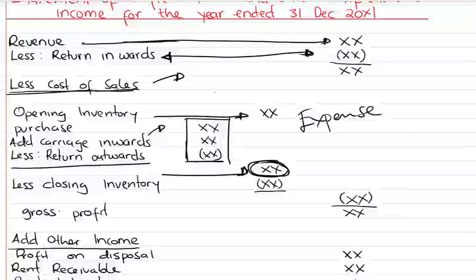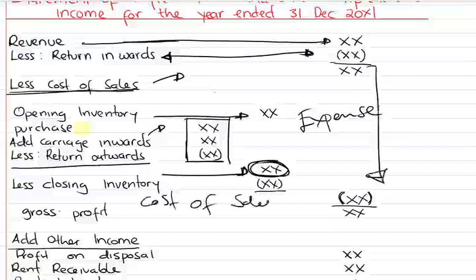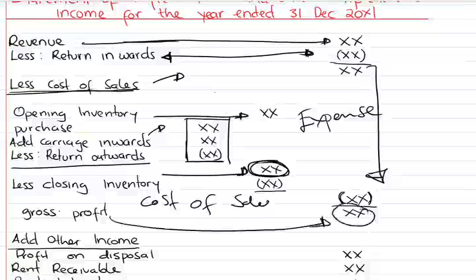Now we'll subtract closing inventory, and we're going to find the figure for cost of sales. That will go in line with the revenue figure. When you subtract these two, you should find your gross profit. That's our gross profit: adjusted revenue minus cost of sales.